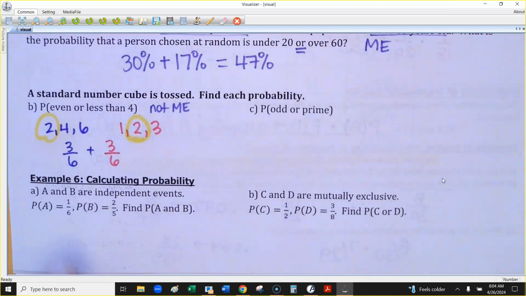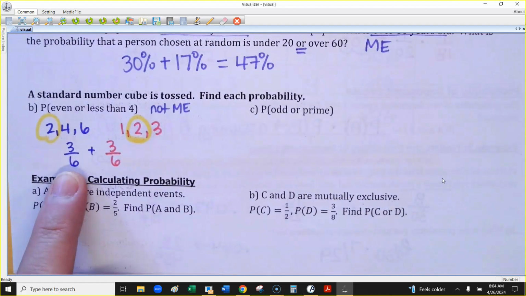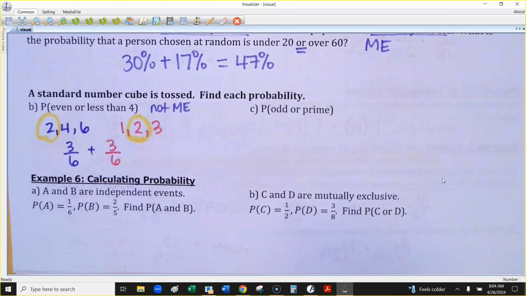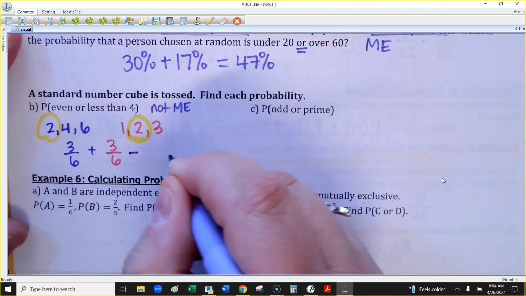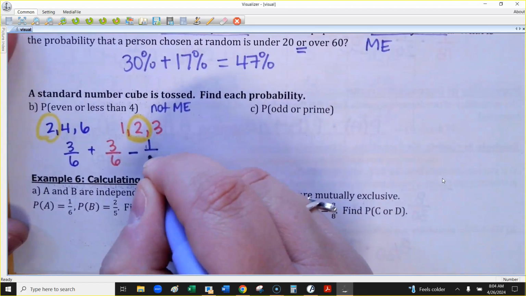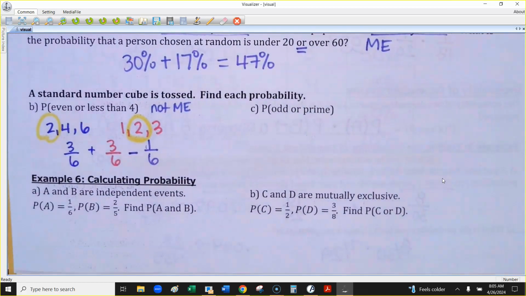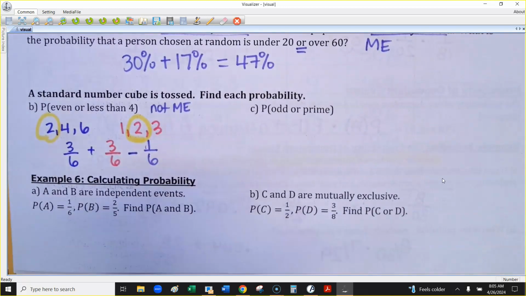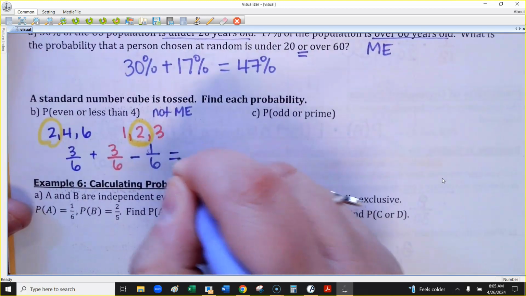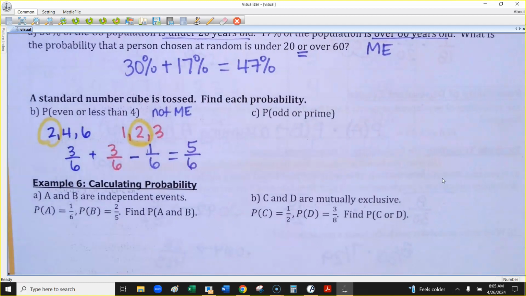So here, the first one would be the probability of A, this would be the probability of B, and then I have to subtract the overlap, which would be that 1 out of 6 that I counted twice, because I counted the 2 in both categories. And if you add that up, we're going to end up with 5 over 6 as a fraction there.